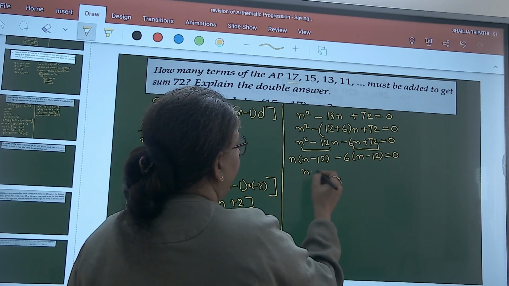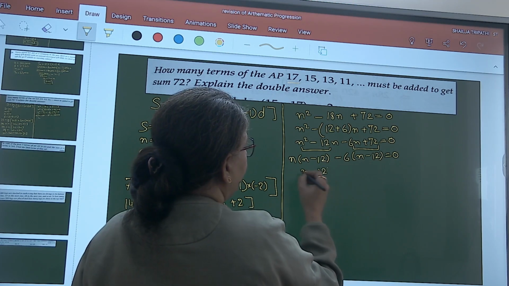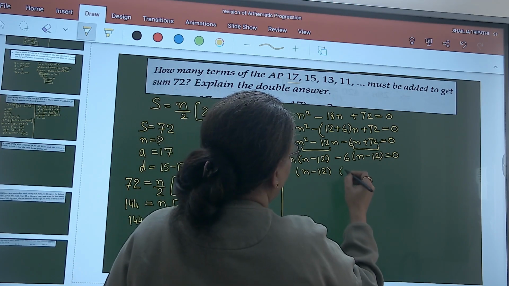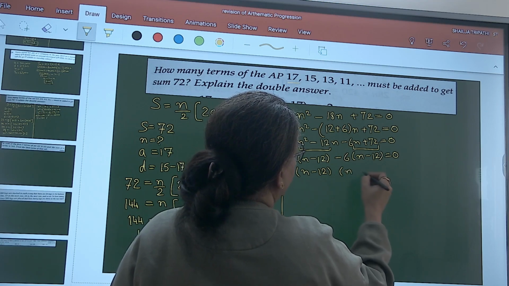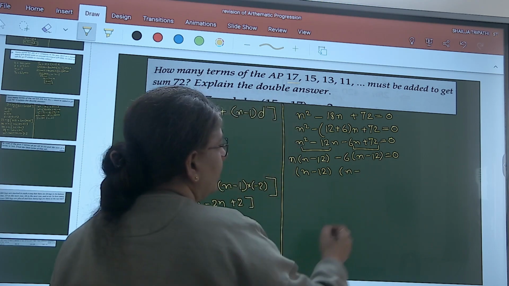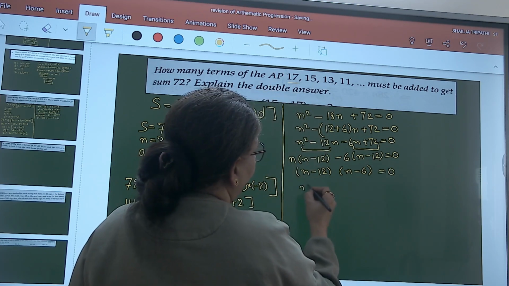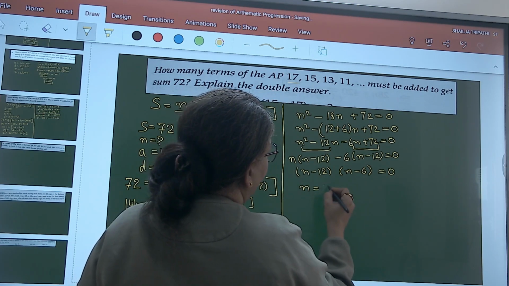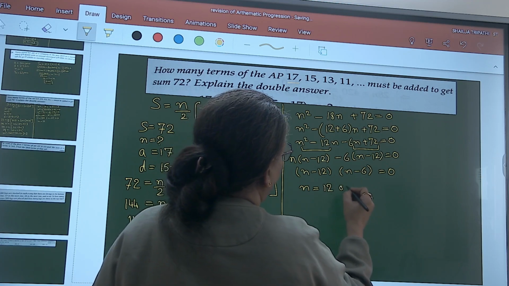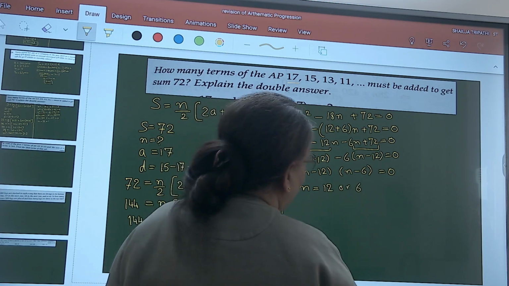So we have n minus 12 and n minus 6 equal to 0. So the value of n is 12 or 6.